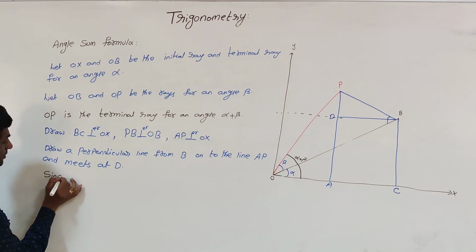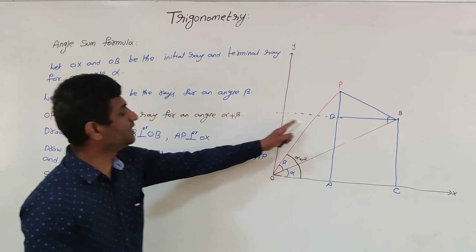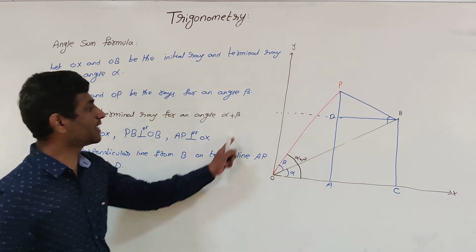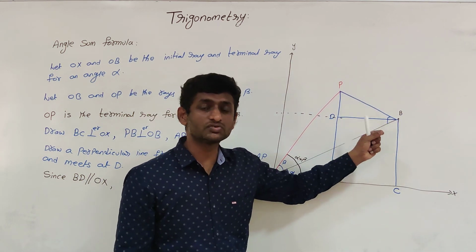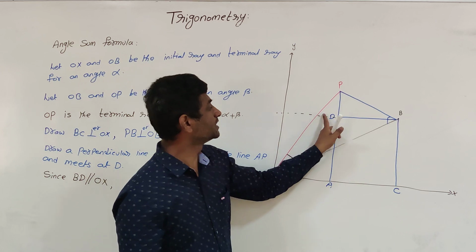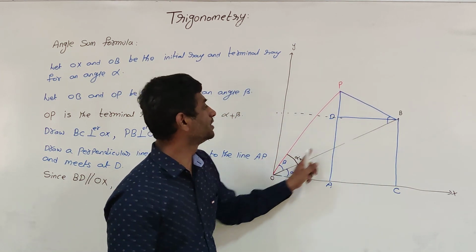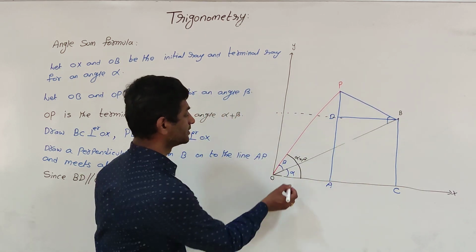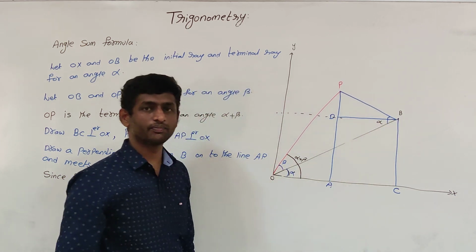Since BD is parallel to OX, OB is a transversal line. Since BD and OX are two parallel lines and OB is the transversal line, whatever the alpha is there, this will become alpha.